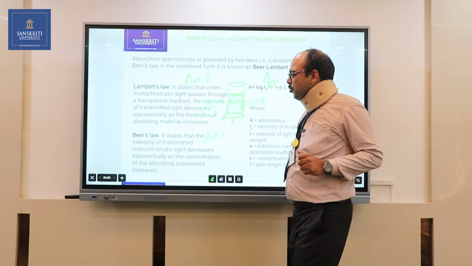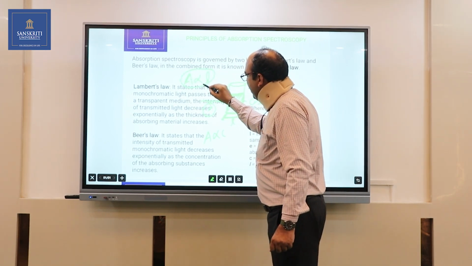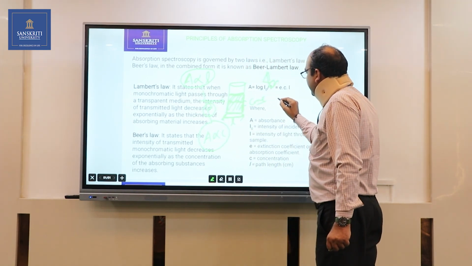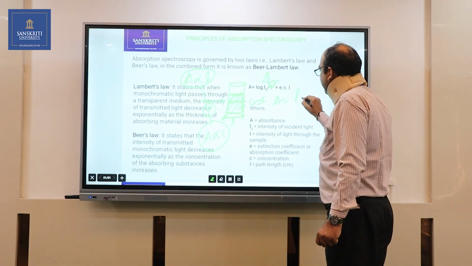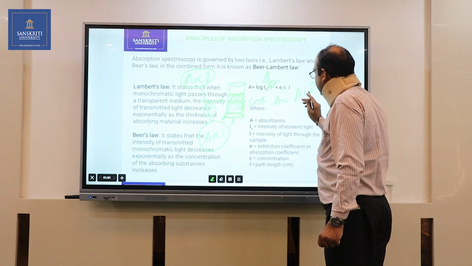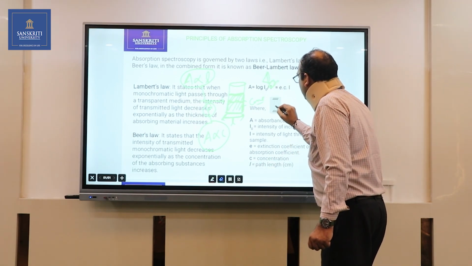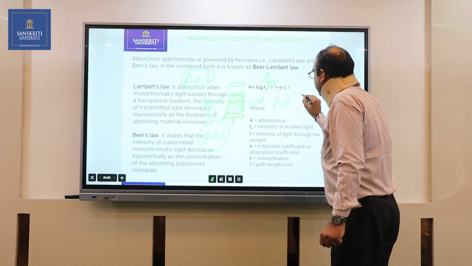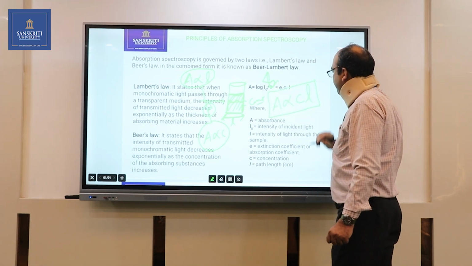They combine both Lambert's and Beer's law: absorption is proportional to the concentration of the solution and the thickness of the medium.